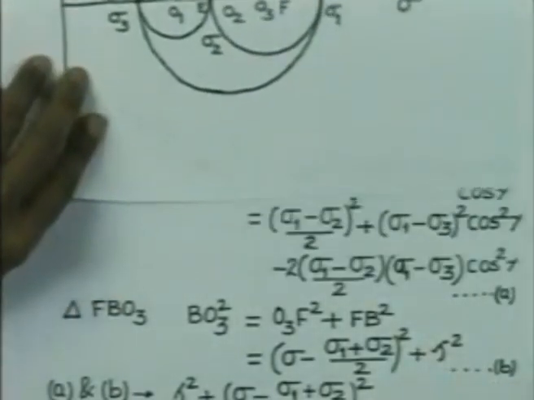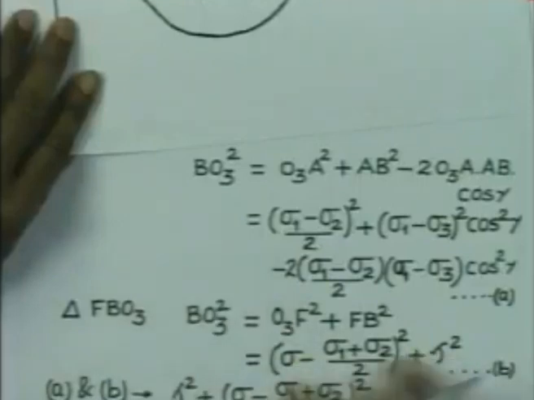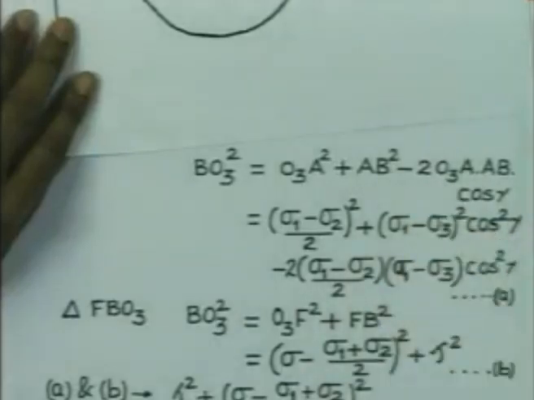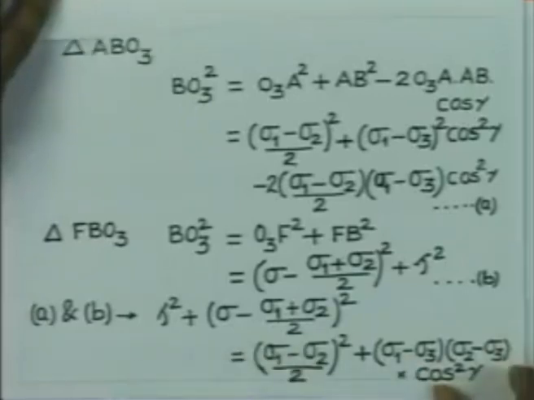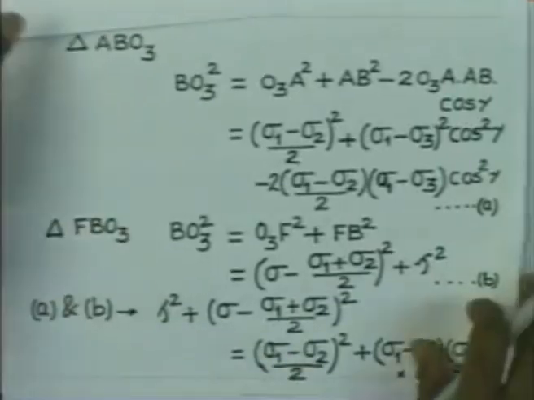So now if we couple these two relationships A and B, we can write for BO3 square as this one, and that will be equal to the right hand side, which can be simplified to get sigma 1 minus sigma 2 by 2 whole square plus sigma 1 minus sigma 3 into sigma 2 minus sigma 3 cos square gamma. So coupling A and B, we have this expression.